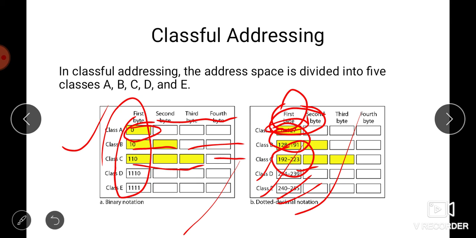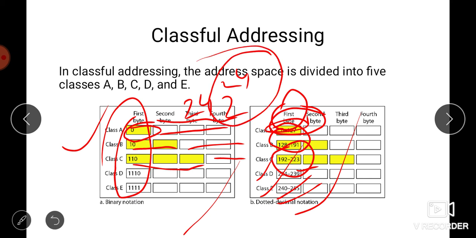If we take a class A address, for one network how many hosts are there? There are 24 host bits, so we have to take 2 power 24 addresses for a single network of class A. So if I require only 10 or 20 addresses, then these many addresses will be wasted.